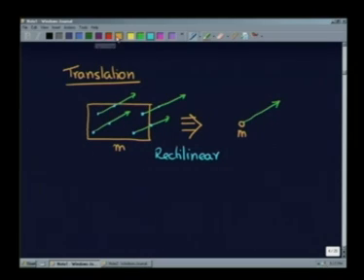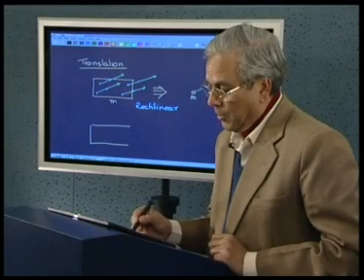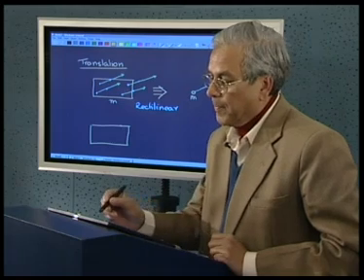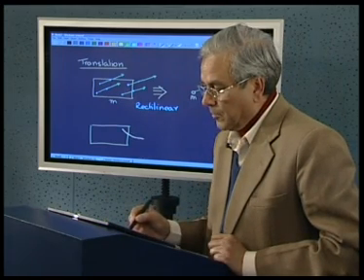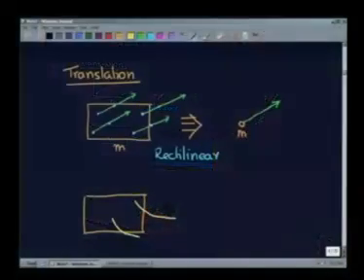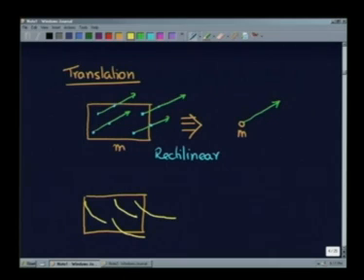There is another kind of translational motion possible, where each particle of a rigid body undergoes a different kind of trajectory, which is not a straight line, but the same for all. That means, a particle which was here has gone here, a particle which was here has gone here, and so on.